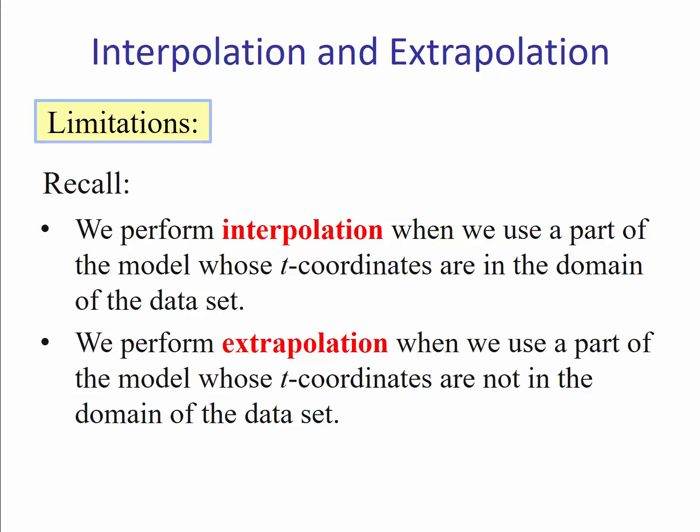If you recall, the interpolation is when we use values that are in the domain of our x coordinates. When we extrapolate, we are using values outside our domain, and the models are only guesses. We assume that the pattern continues, but it may not. So this is a big limitation to a regression model. It is best that we interpolate whenever we can. When we extrapolate, we very well could be incorrect.